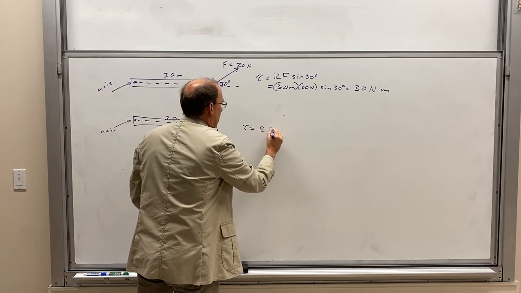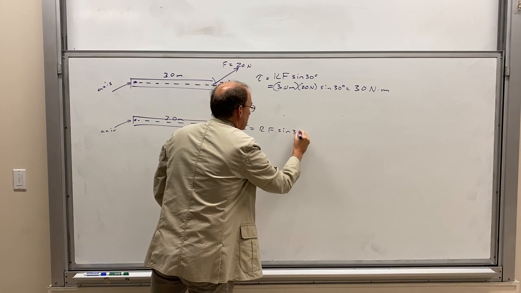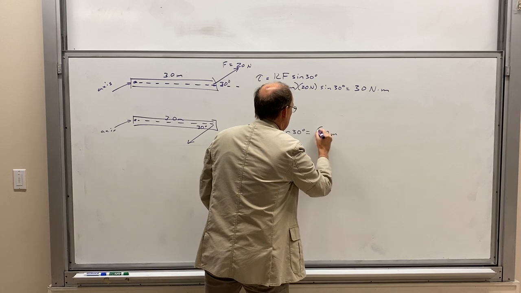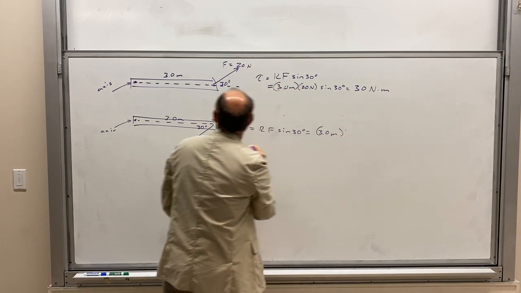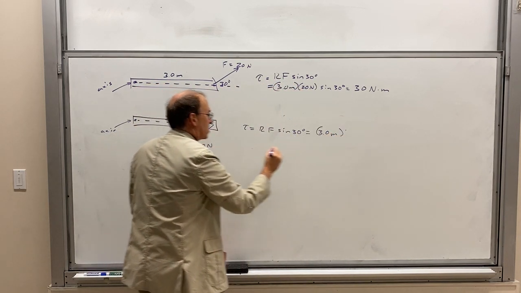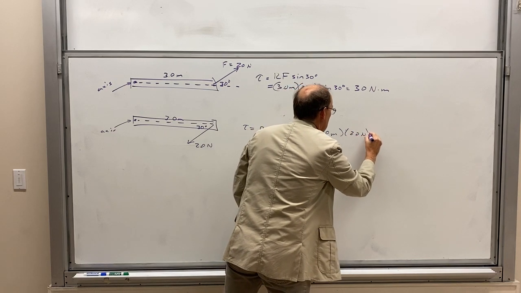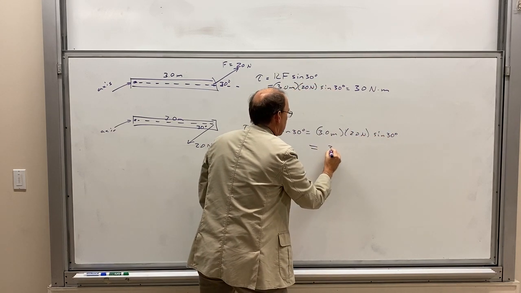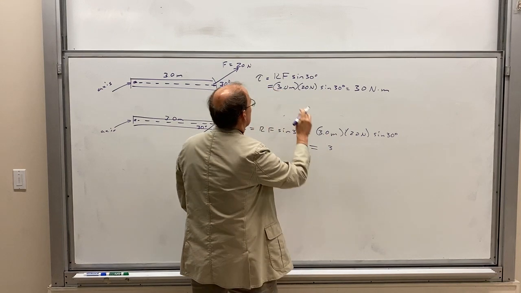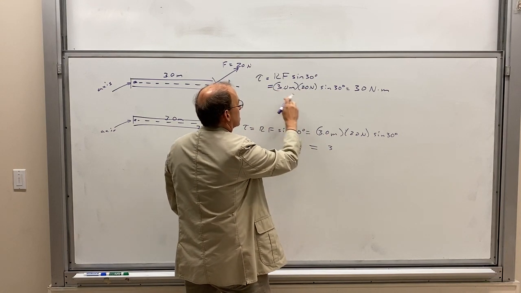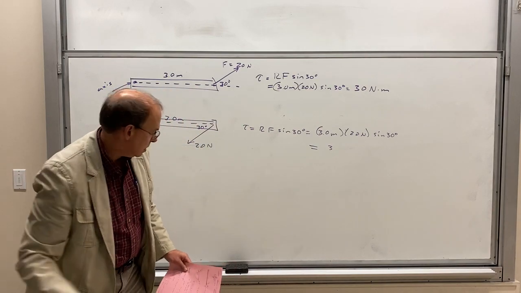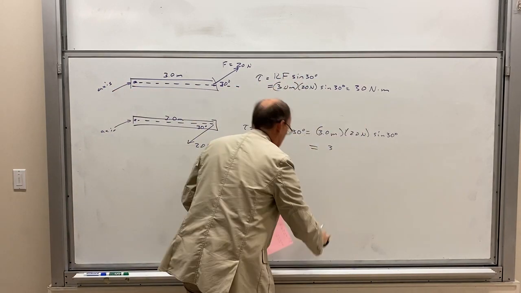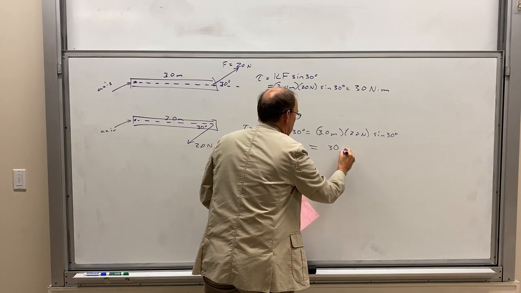Torque would be RF sine 30, would be 3 meters, 20 newtons, sine 30. That would again give me, let's see, 20 times 3 is 60, but that's wrong. Oh no, that's right, times the sine of 30 gives me 30. 30 Newton meters.